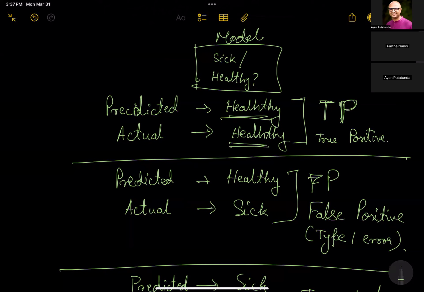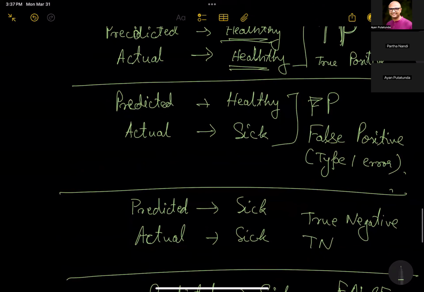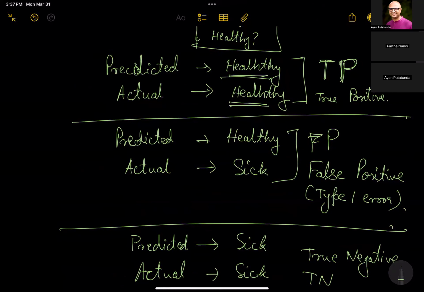Correct. True positive, understood. Now, if being healthy is positive, but actually I am sick, that is false positive, which means what I am telling is not correct. So actually I'm sick, right?